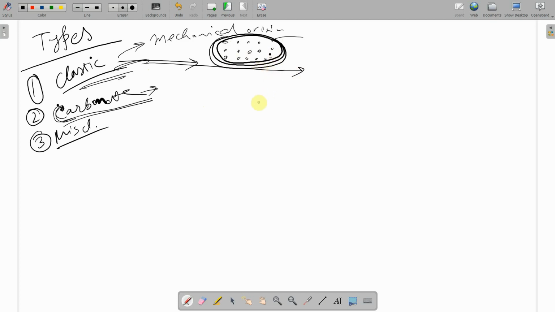And the example of clastic rock, and the different types, I've already discussed, what types there are: arenaceous, argillaceous, and so on. I've already discussed that part.